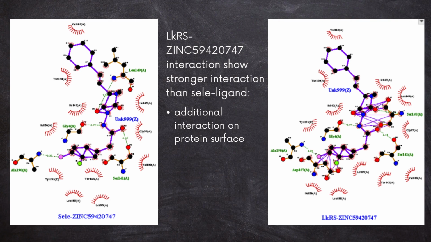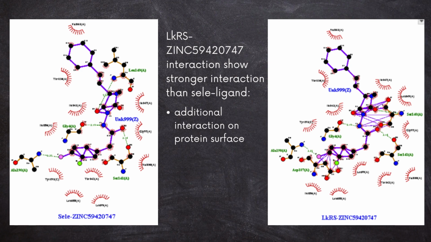There are slight differences between these two images in terms of interactions. LKRS ligand shows 5 hydrogen bonds and 12 hydrophobic interactions compared to SELE ligand, which shows 4 hydrogen bonds and 11 hydrophobic interactions. The possible reason for this outcome could be that the selected residues might represent a non-binding pocket, but the ligand could be interacting with an additional, less characterized pocket on the protein surface.